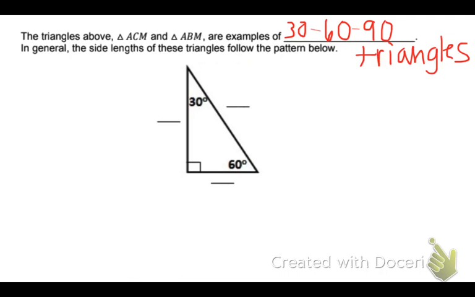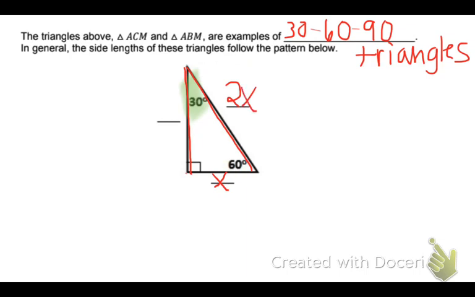So the side that's across from your 30-degree angle. So if you follow this 30-degree angle down, the side that's across from it is this side right here. That's always going to be the X in your pattern. So whatever number that is, we consider it X. And then your hypotenuse, so this one over here across from the right angle, is always going to be 2x.